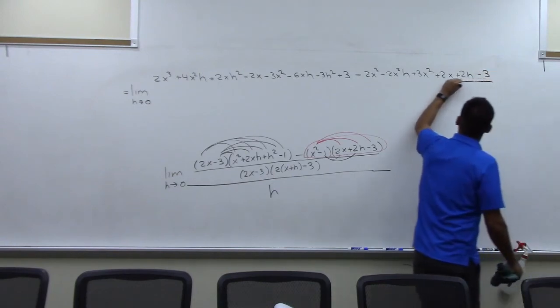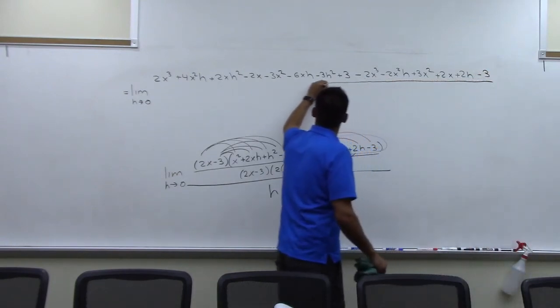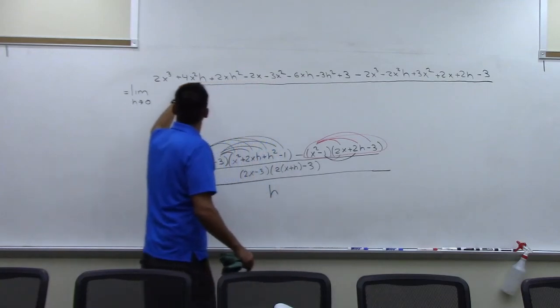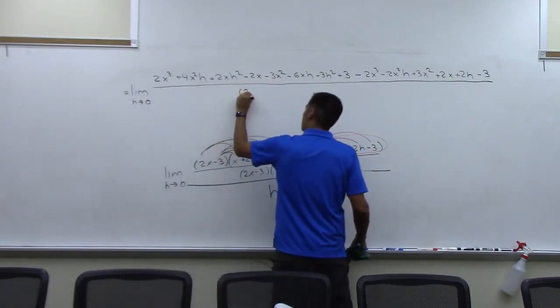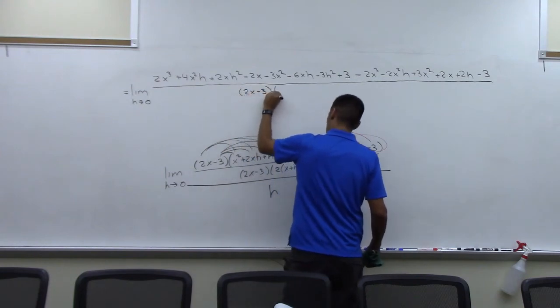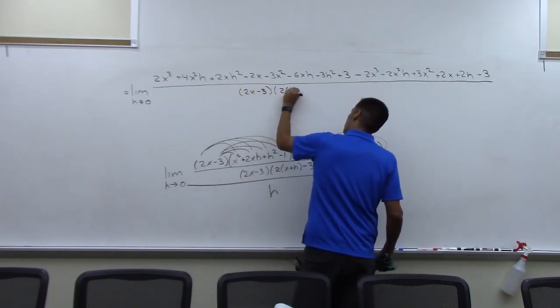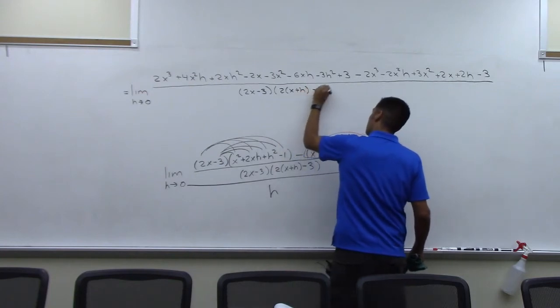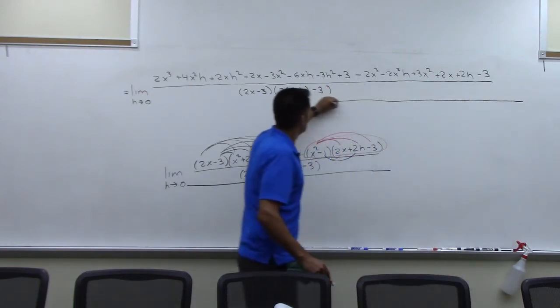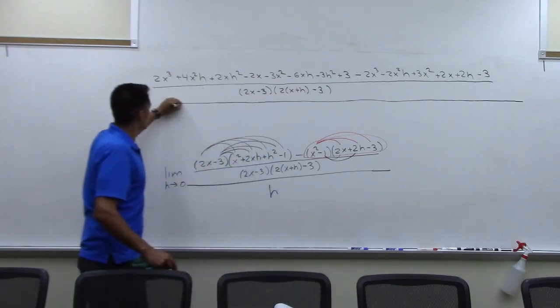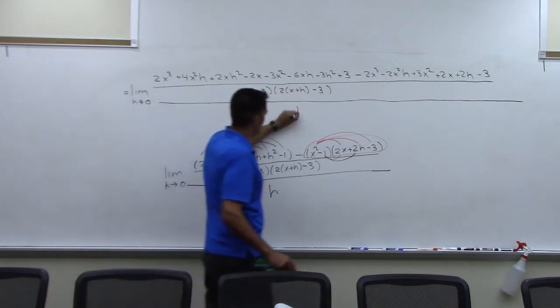Wow. Is that not a big numerator or what? And then over the denominator, which was 2x minus 3 times 2 times the quantity x plus h minus 3, then all of this over h.